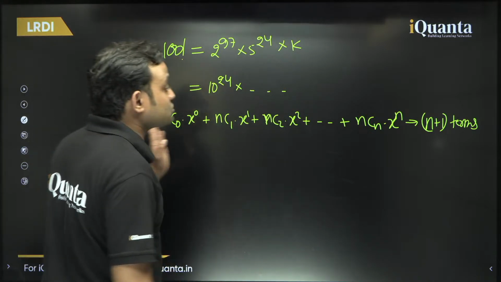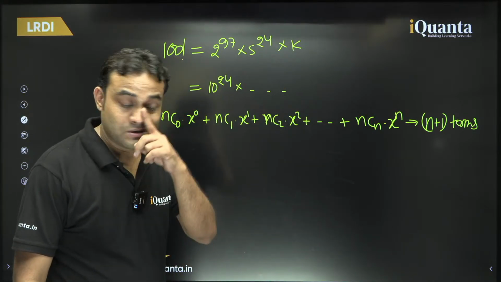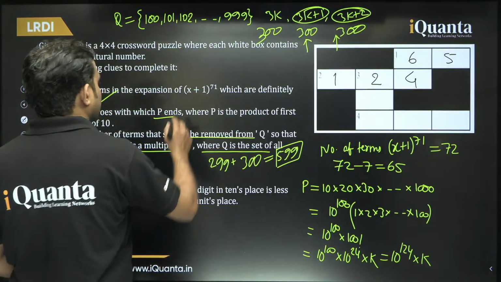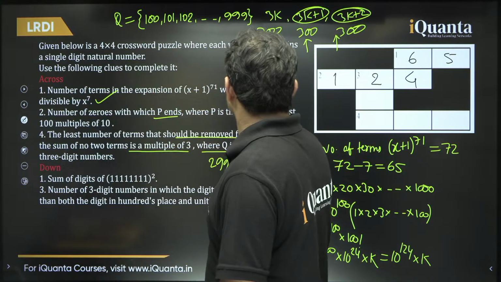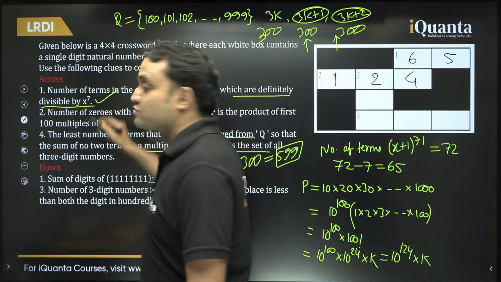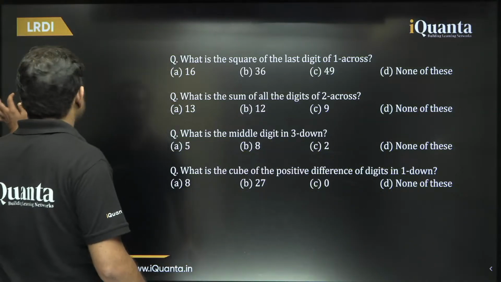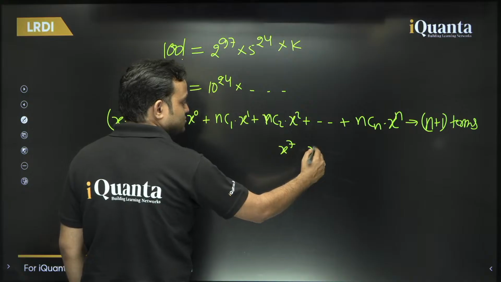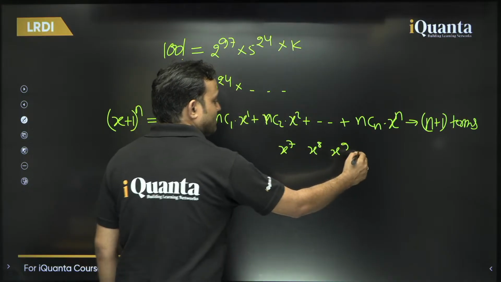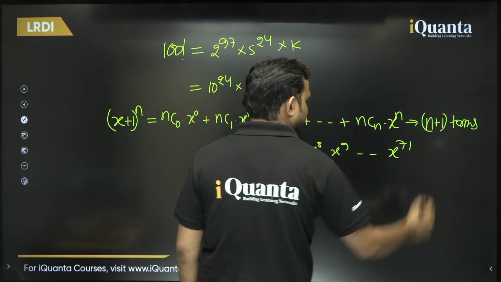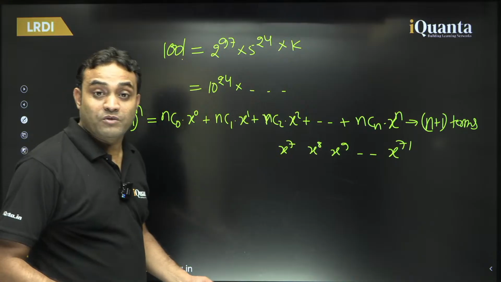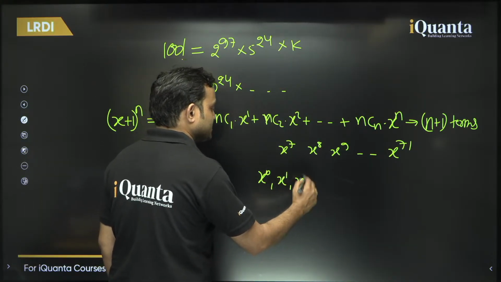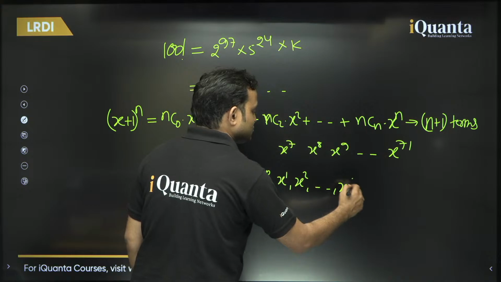Out of those n plus 1 terms, if you think about all the terms which are definitely divisible by x to the power 7, they will start from here: x to the power 7, x to the power 8, x to the power 9, up to x to the power 71. What terms don't we count? x to the power 0, x to the power 1, x to the power 2, till x to the power 6.